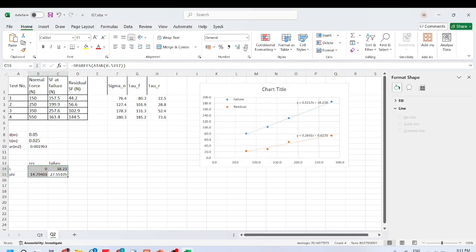So these are the C and phi values that you obtain. This is the residual strength. You will have a lower phi, lower C, but this is more fundamental to the soil as compared to what you will see at failure.